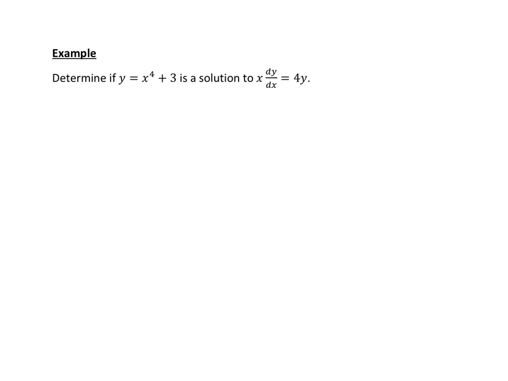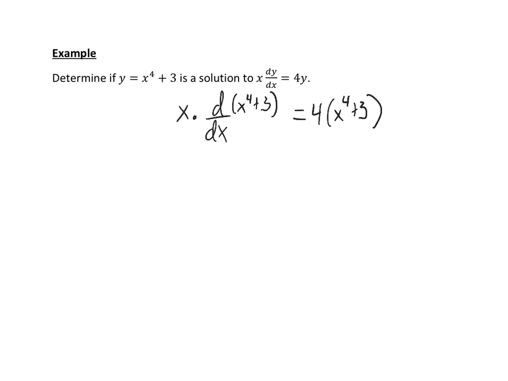Alright, one last example. Let's determine if y equals x to the 4th plus 3 is a solution to this differential equation. So if we fill this differential equation in, you have x times d/dx of x to the fourth plus 3 should give us 4 times x to the fourth plus 3.